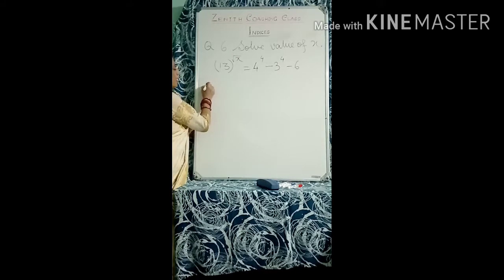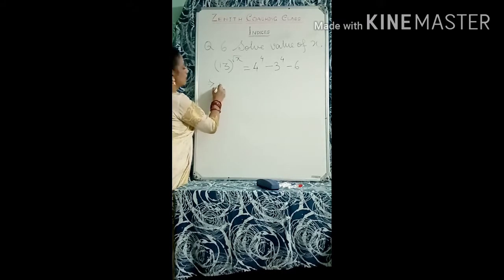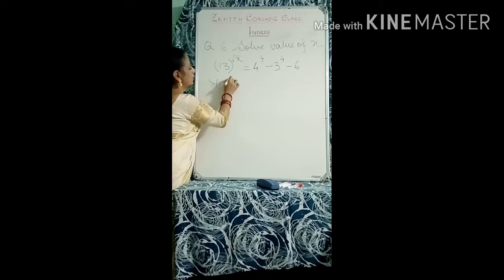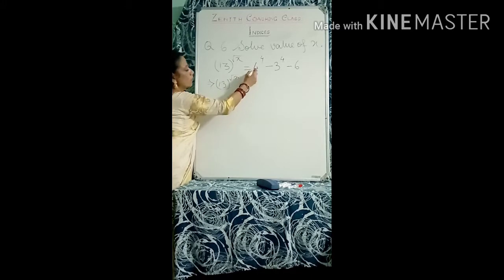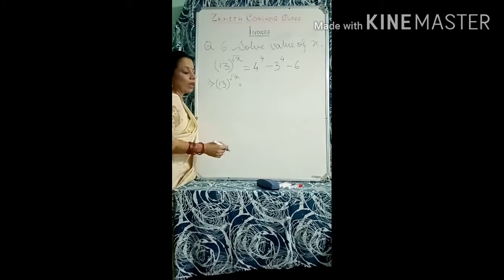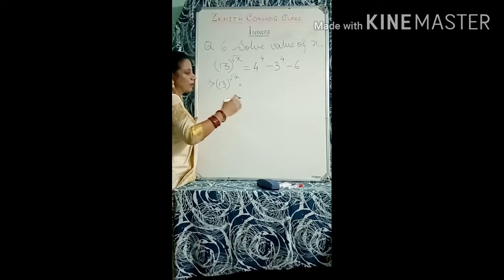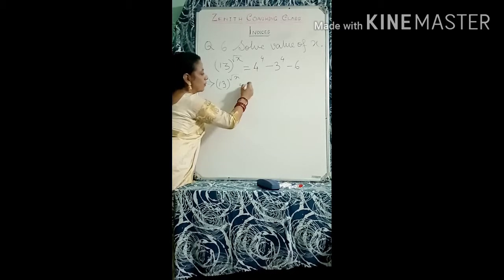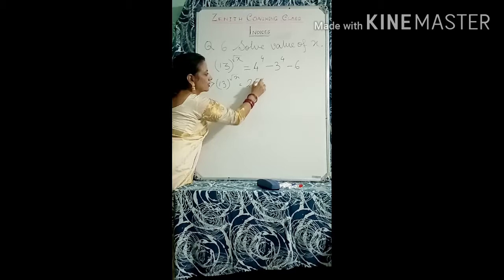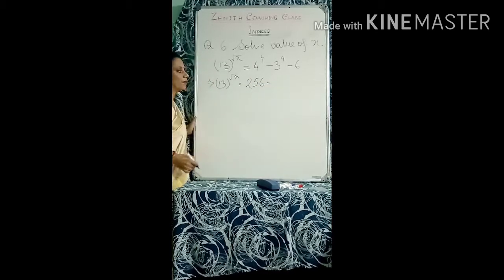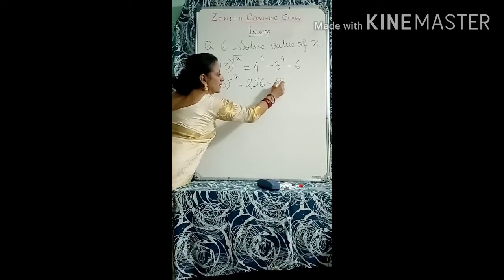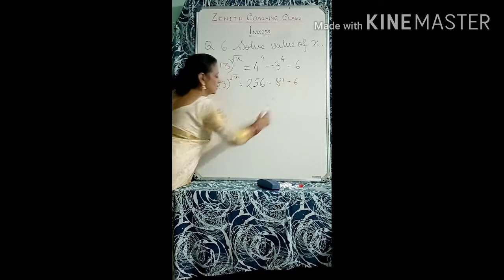Okay. So next line. So implies that 13 to the power root x equals to 4 to the power 4 minus 3 to the power 4 minus 6. What is the value of 4 to the power 4? That is 4 multiplied by 4 multiplied by 4 multiplied by 4, that is 256. Okay. Minus 3 to the power 4, 3 to the power 4 is 81. Minus 6.